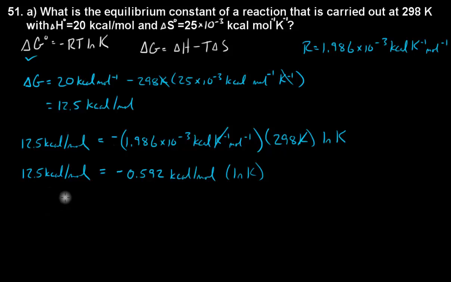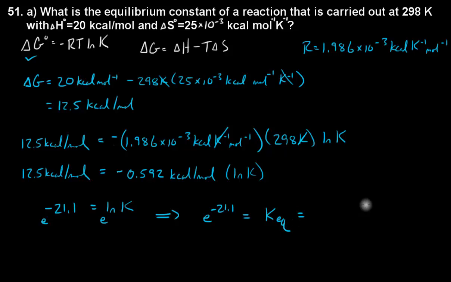Okay, so now on the left-hand side of the equation, we're going to have a minus 21.1 term, and this is going to be equal to ln of K. Now all we're going to do is raise e to the x on both sides, so e to the minus 21.1. We're going to do the same thing to the right-hand side of the equation, and what we're going to have happen is e to the minus 21.1 is going to be equal to our equilibrium constant, or Keq.